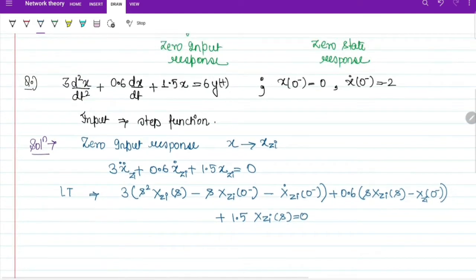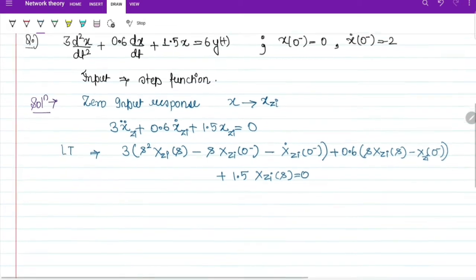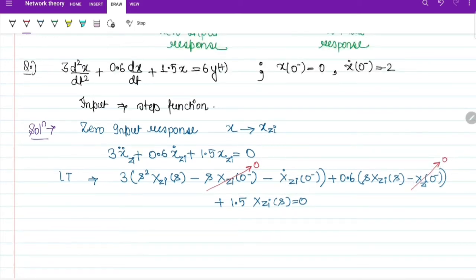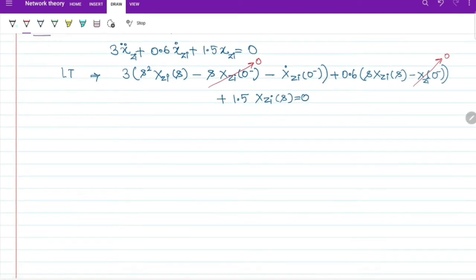Now we'll take these initial conditions. So x(0⁻) is 0, x'(0⁻) is -2, so this will be 0, right? x(0⁻) is 0, and this will be minus 2. So we'll substitute these values in this equation.